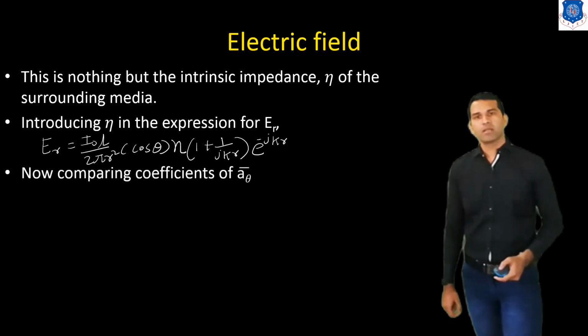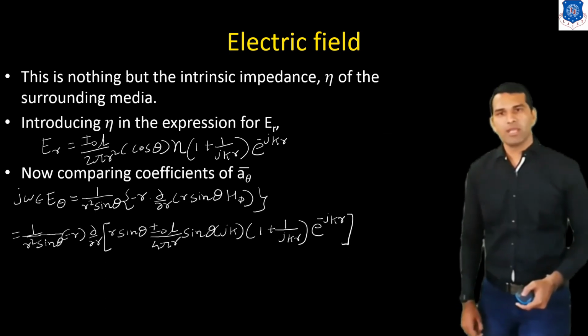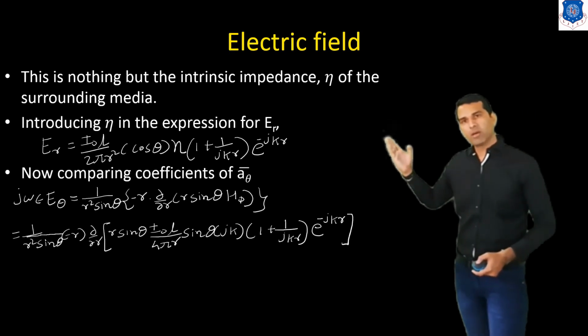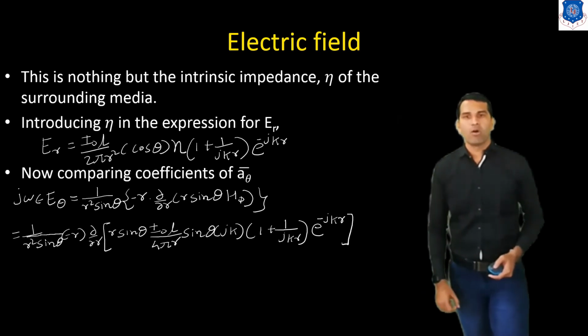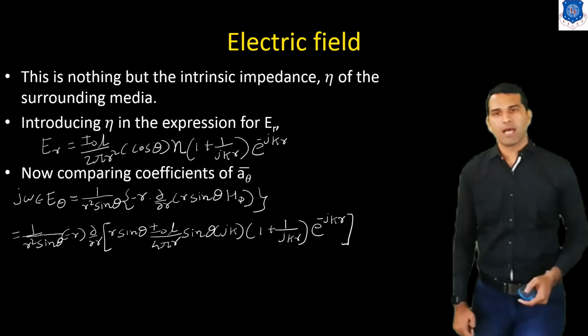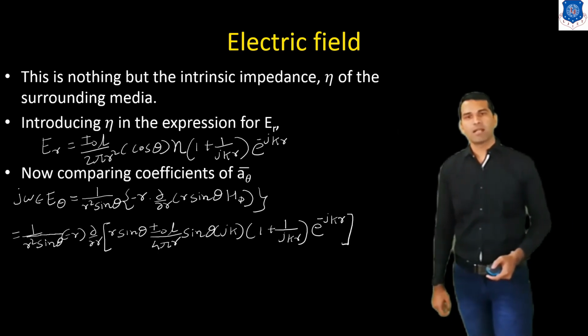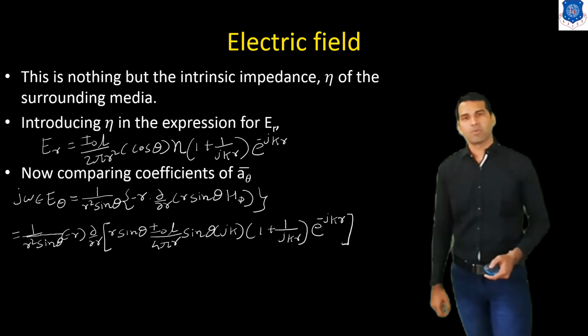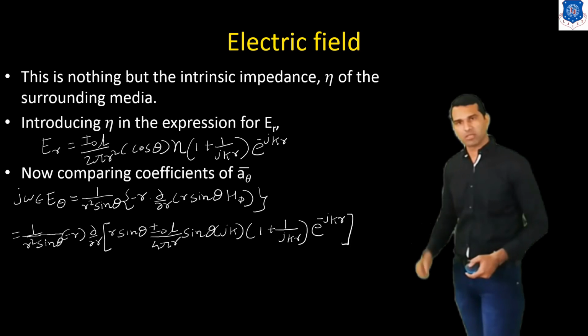Now comparing the coefficient of a_theta, for theta we have j omega epsilon E_theta equals 1 upon r square sin theta, minus r del by del r (r sin theta H_phi). Now we put the value of H_phi in this equation.